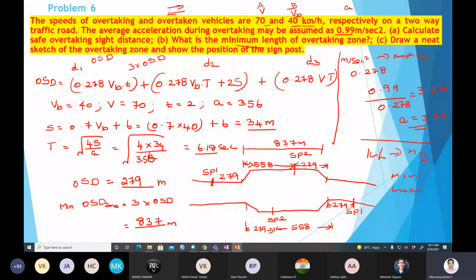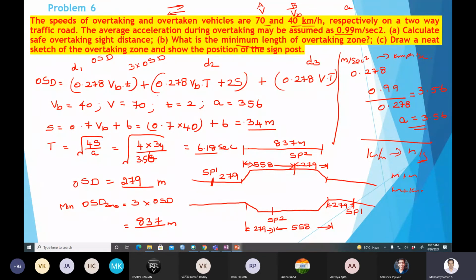So this is with respect to converting your unit of A, the acceleration. Another part I told you: the vehicle speed given in kilometer per hour can be converted to meter per second. In that case all the equations will change.